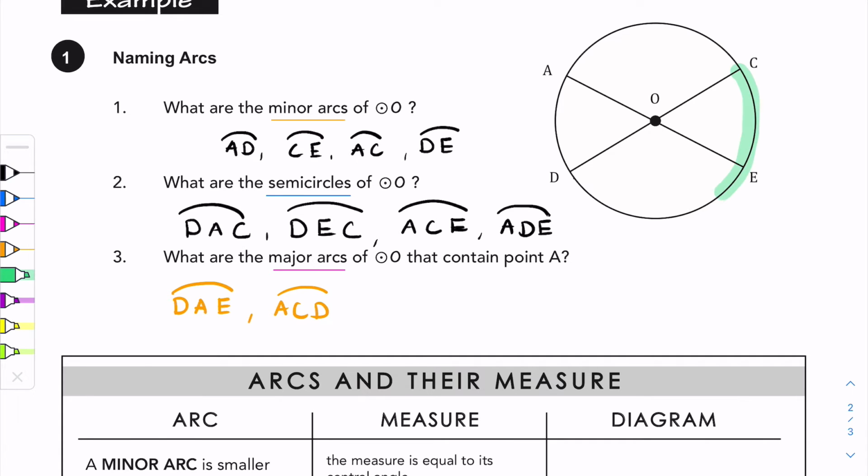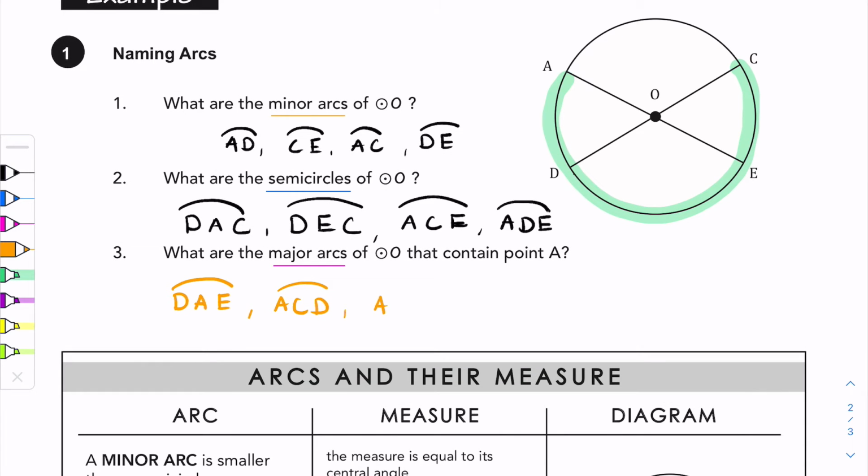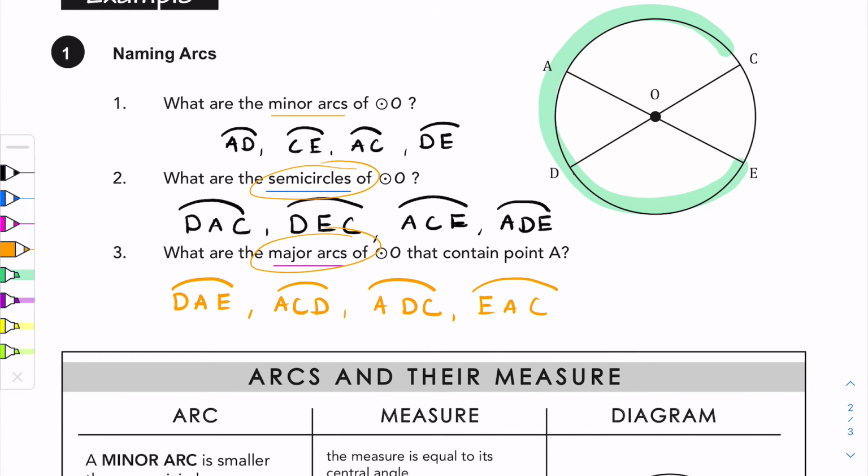I have this here as a major arc, endpoint A, DC. And I think the last major arc that I see is this one here, which is EAC. So again, when you're using 3 points, you're either naming a major arc or a semicircle. If you're using 2 points, you're naming a minor arc.